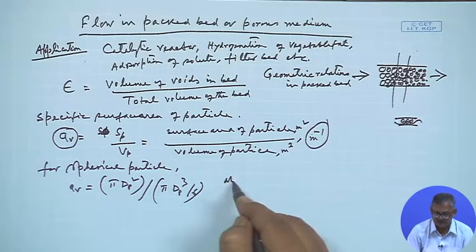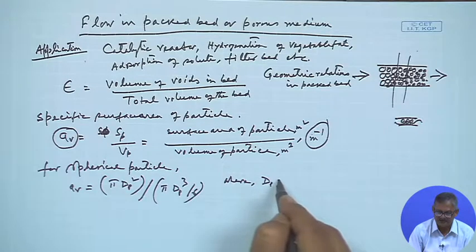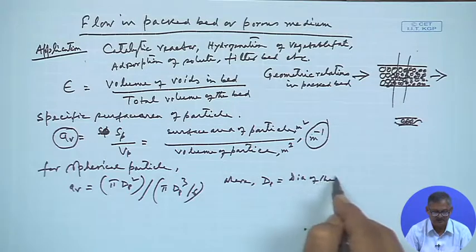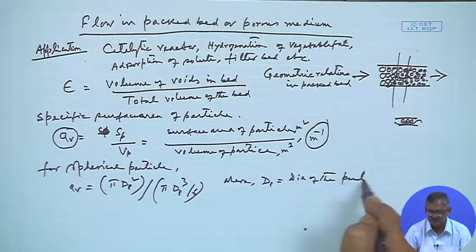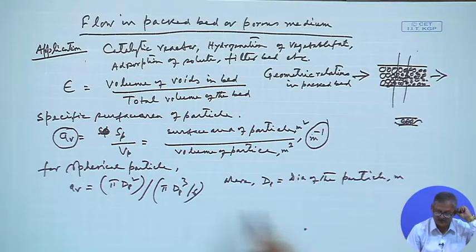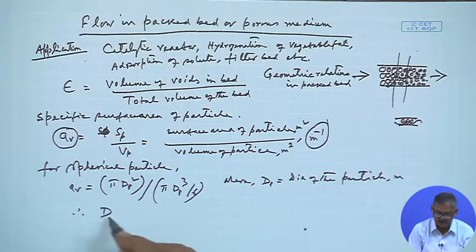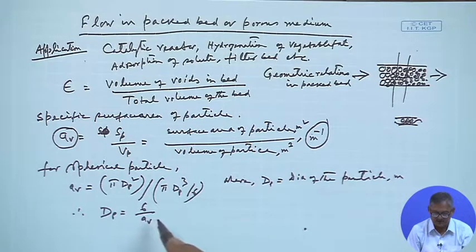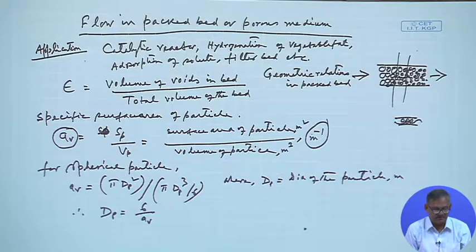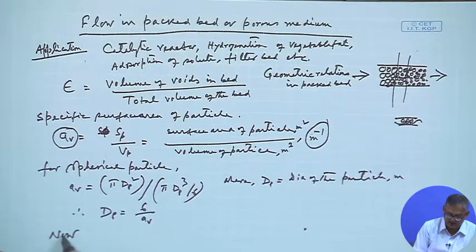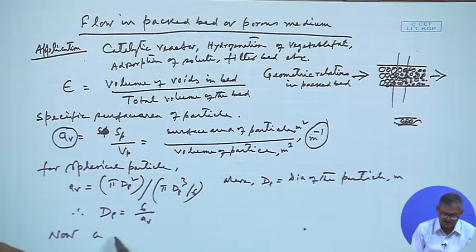So, dp is diameter of the particle in meter, right. Therefore, we can say diameter of the particle is nothing but 6 over AV, that is specific surface area.